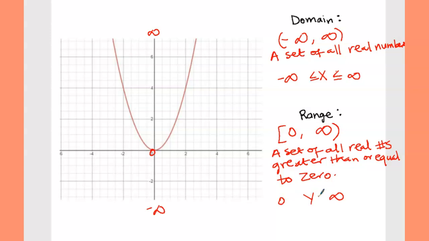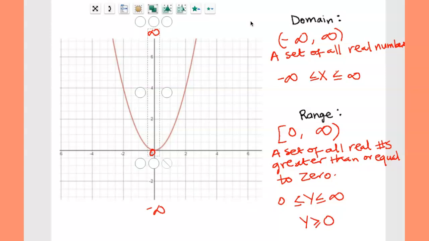We say that indeed it's less than or equal to the positive infinity, but is greater than or equal to 0. In other words, we can forget about the infinity side, and we can also write it as y is greater than or equal to 0, because after 0 it keeps on going up. So that's how we write it.